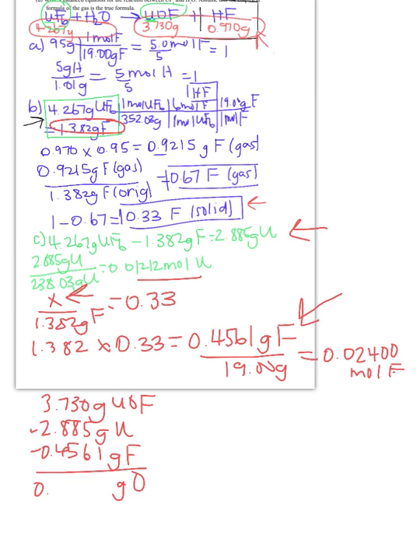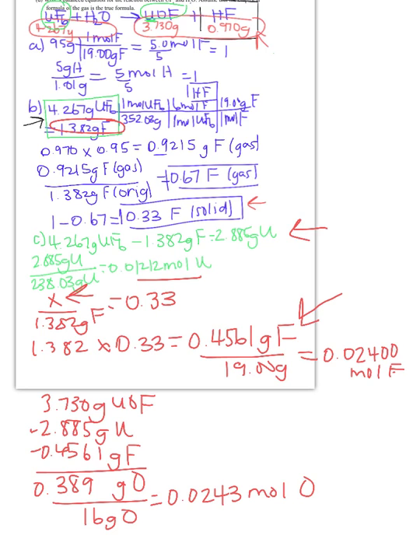If I round using significant figures, that's 3 places to the right, 0.389 grams of oxygen. I don't want grams of oxygen, I want moles of oxygen, so I'm going to divide by its molar mass. The molar mass of oxygen is 16 grams. That's going to give me 0.0243 moles of oxygen.